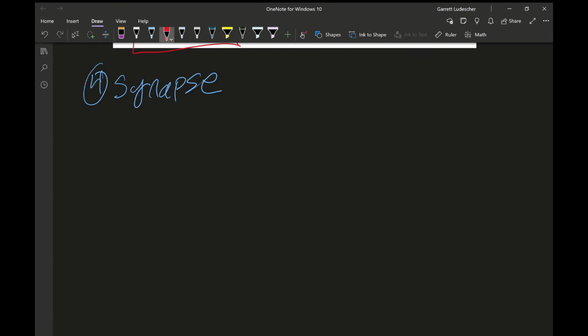Okay, so finally, we come to the synapse, and this is where neurons communicate. And inside the synapse, there's this little space called the synaptic cleft. And this is a really small gap that separates the postsynaptic membrane from the presynaptic membrane.